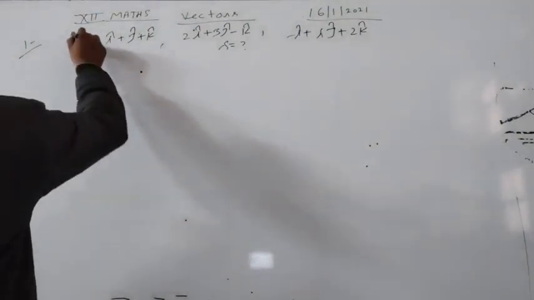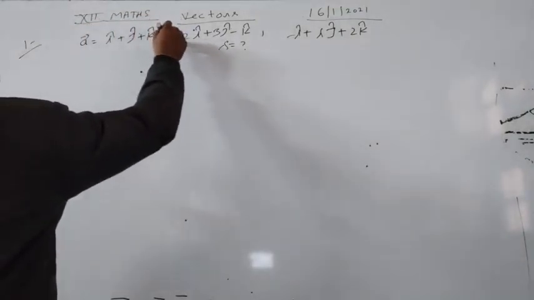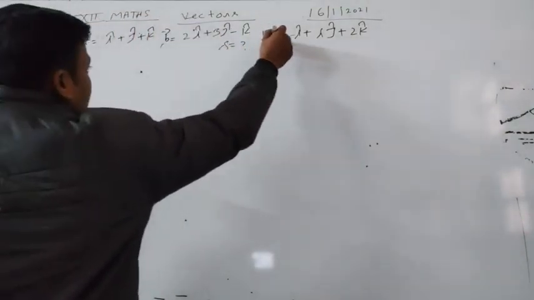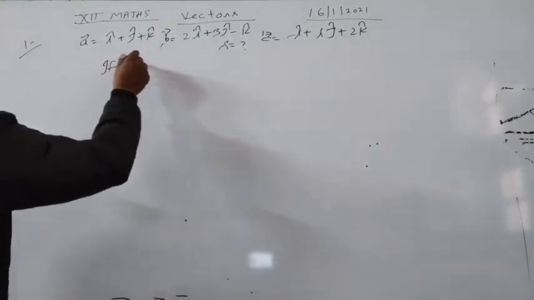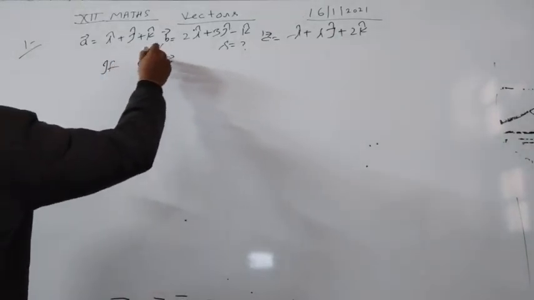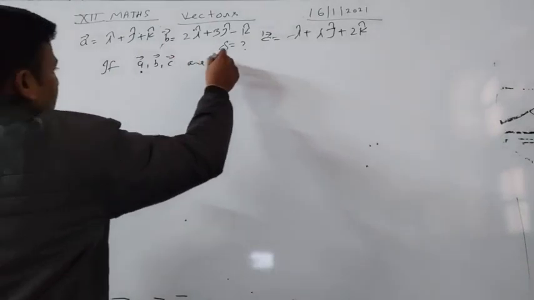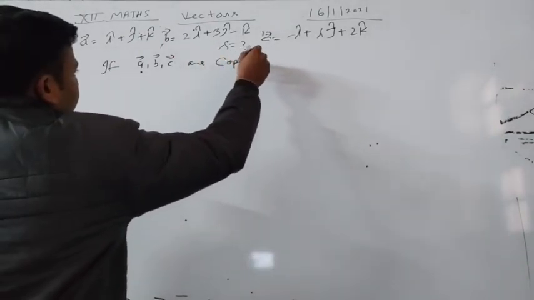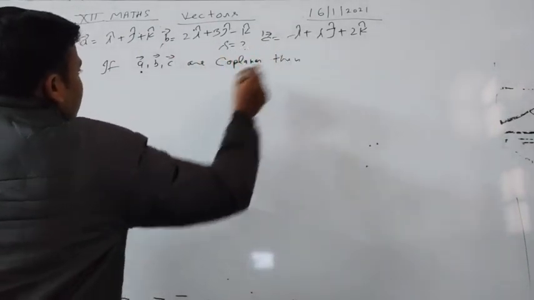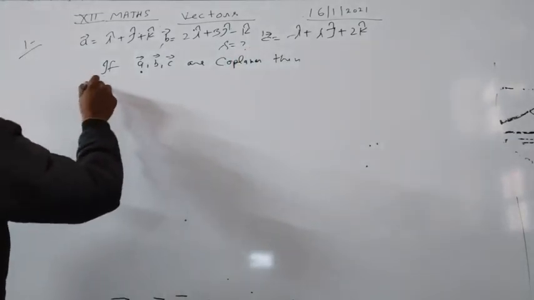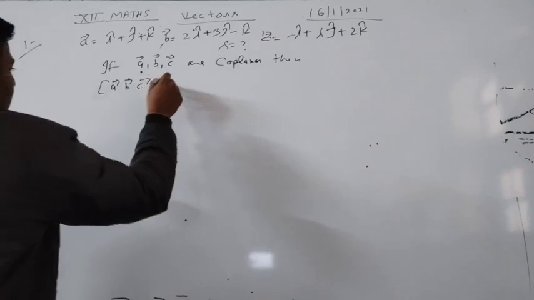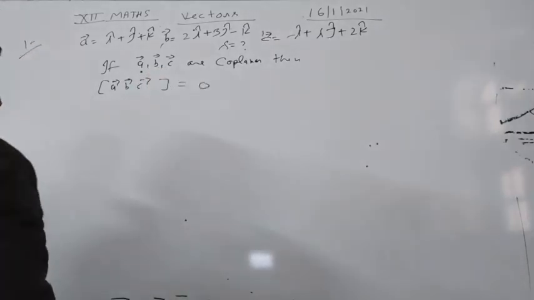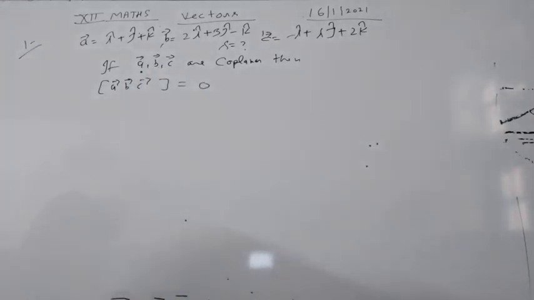Suppose this is vector A, this is vector B and C. If vectors A, B, C are coplanar, then we know the condition, students: [A, B, C] is equal to 0.